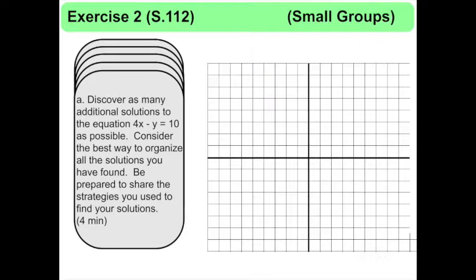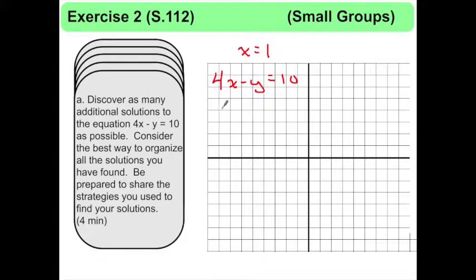So given those solutions, we take that anticipatory set and we carry over into this particular exercise here. Part A says, discover as many additional solutions to the equation 4x minus y equals 10 as possible. So again, we're encouraging students to say, well, what else might work? So one way to think about this is if I had 4x minus y equals 10, and let's say I wanted to know what about when x equals 1.